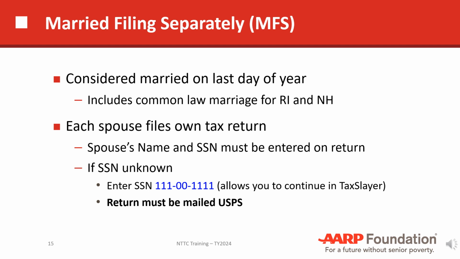So if the social security number is unknown in our software, TaxSlayer, you can enter a Social Security number of 111001111, and that allows you to continue in TaxSlayer. However, the tax return will have to be mailed in USPS and will not be able to be e-filed.